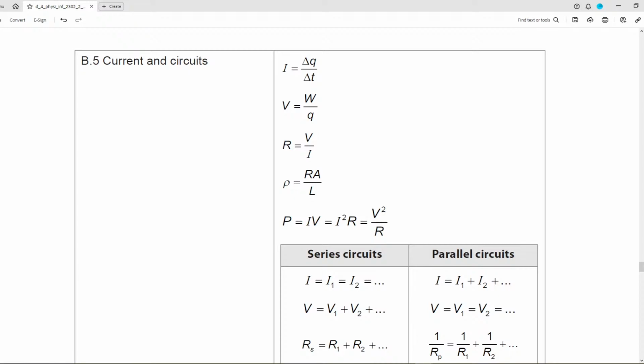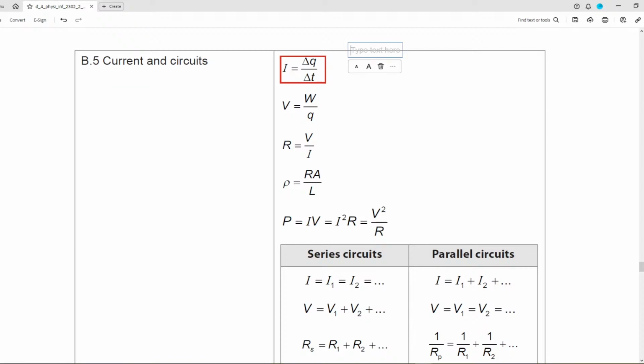These formulas are a little bit different from the rest in that these are all new notations, but they use some similar symbols. So I'll just explain what they are. There's not actually too much to explain here. The first one is the current formula.